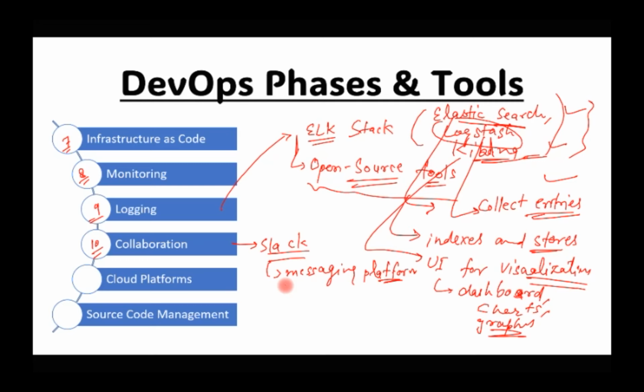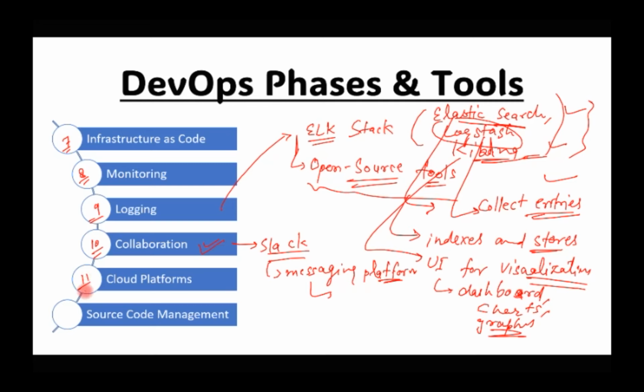Real-time messaging allows quick communication and information sharing between different teams. It also integrates with other tools like GitHub and Google Drive, and offers tools for project management, polls, and video conferencing. So it's overall the best collaboration tool we have in DevOps.